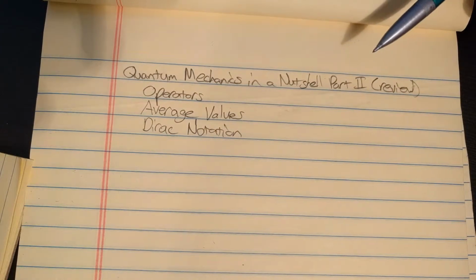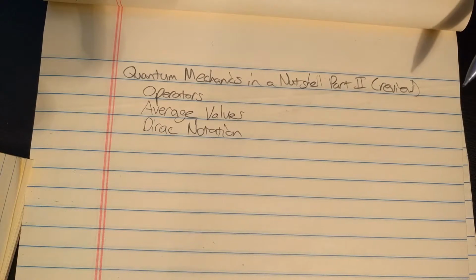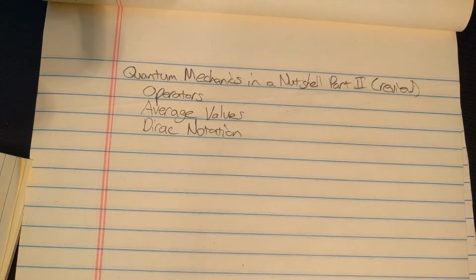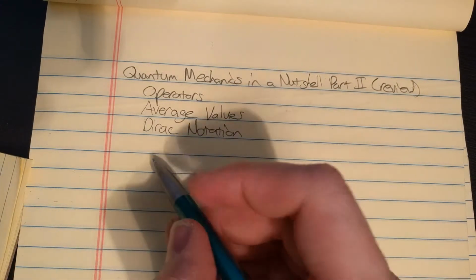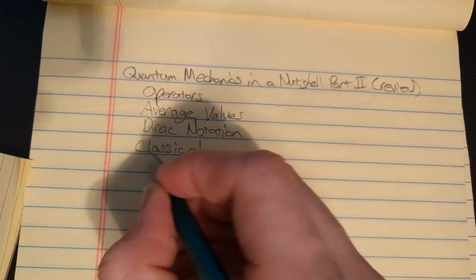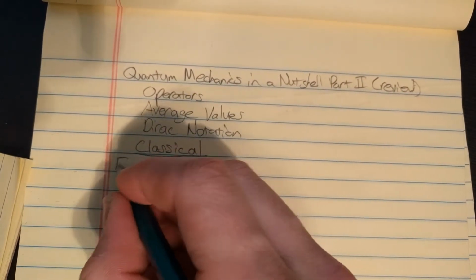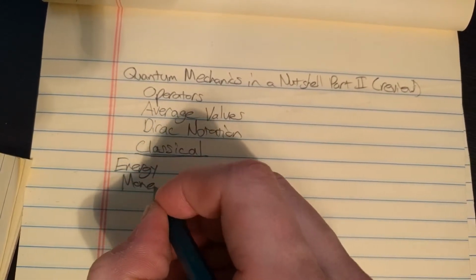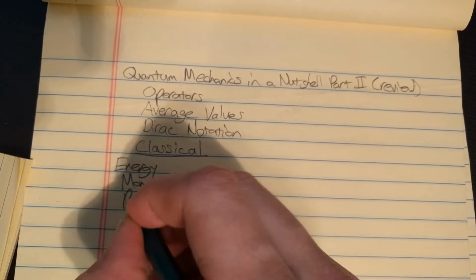Now part 2 is going to be all about operators, and I'll also talk about average values and Dirac notation. In classical mechanics, we have quantities such as energy, momentum, and position.